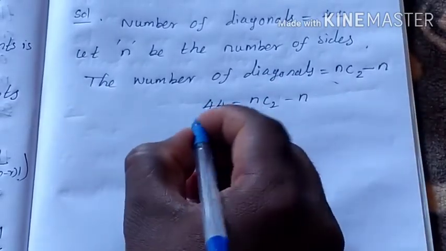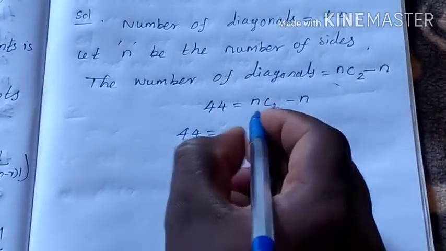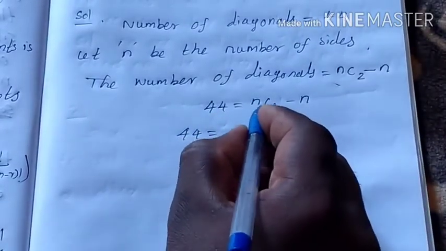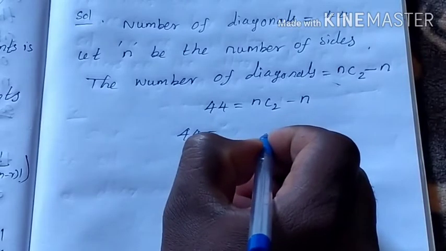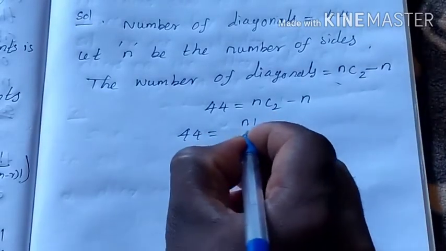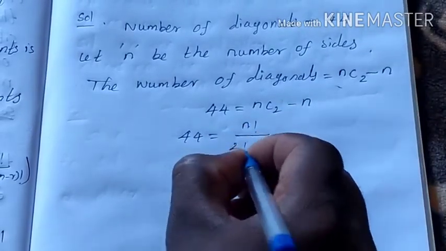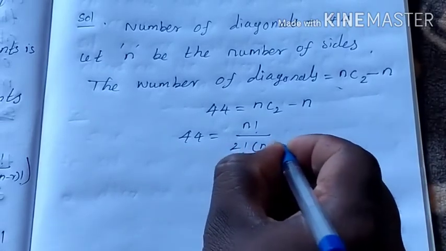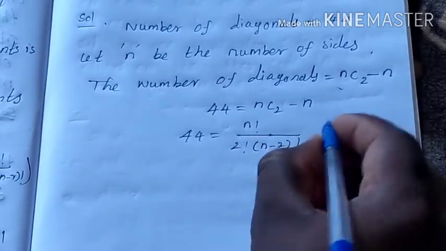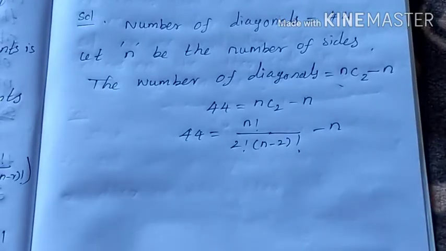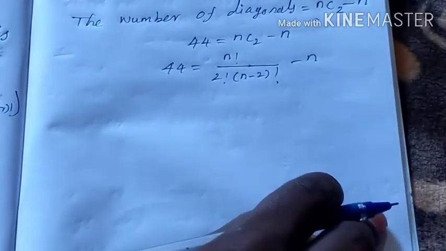So 44 equals, the nCr formula is n factorial divided by r factorial into (n minus r) factorial. So n factorial divided by 2 factorial into (n minus 2) factorial, minus n. Have you understood? Just apply the formula.